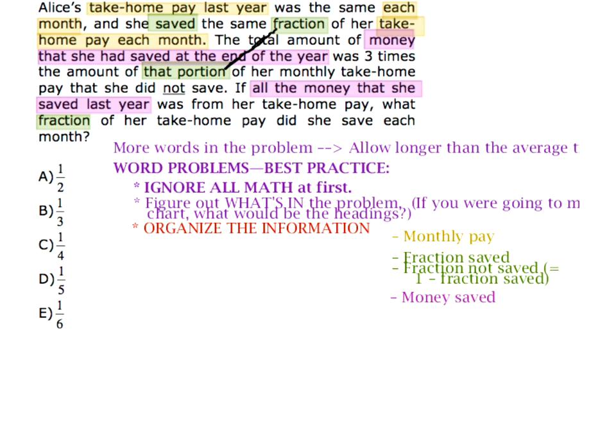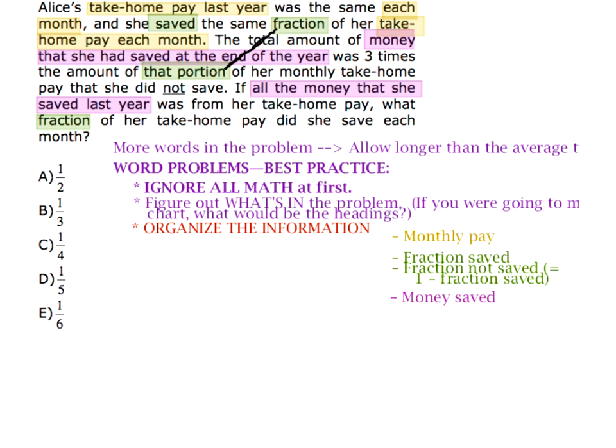So here is how I would organize that. I mean, I'm just kind of doing this spontaneously here. I mean, this doesn't lend itself to making rows and columns, so I'm just going to make a table out of this. I'm just going to make a bunch of columns. So monthly pay per month, fraction saved and not saved.